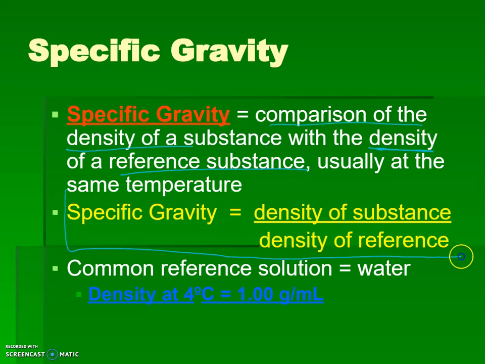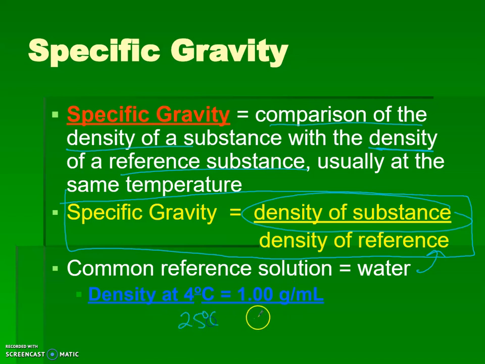Basically what you're doing is seeing whether it sinks or floats. So for the specific gravity, you have the density of the substance over the density of the reference. And the reference is usually that of water. It's cheap, it's easy, everybody has it. So the density at 4 degrees Celsius up to 25 degrees Celsius is going to be 1. So it's something over 1.